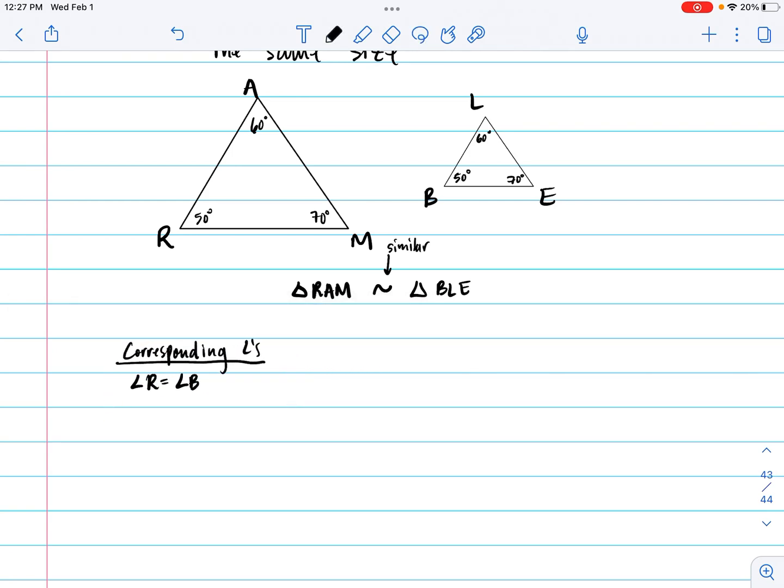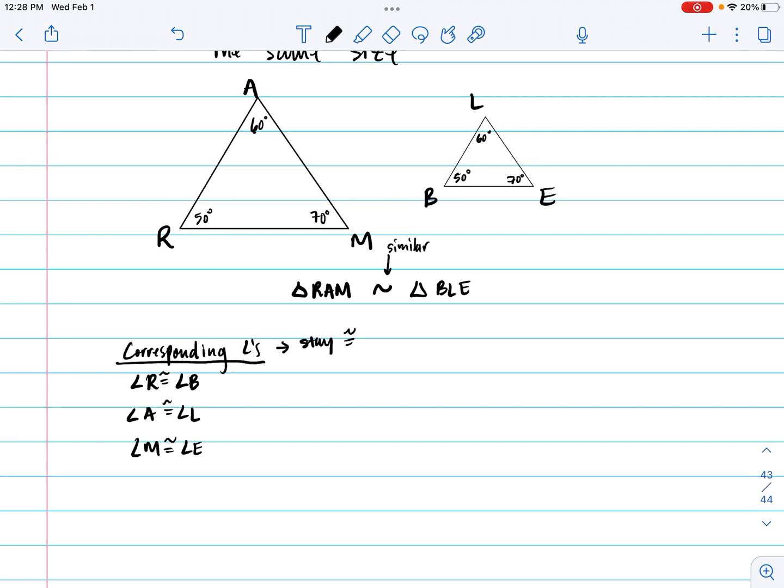Corresponding angles are angle R and B, angle A with angle L, and angle M with angle E. Now, here's also a small piece of information: corresponding angles stay congruent. Okay? So if you notice, R is still 50 degrees, B is still 50 degrees. Angles actually don't change measure.